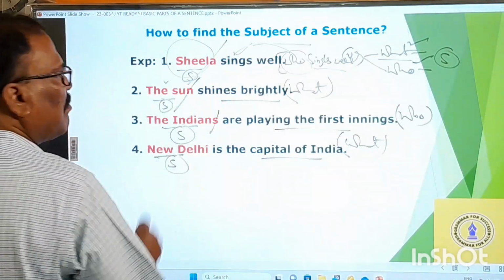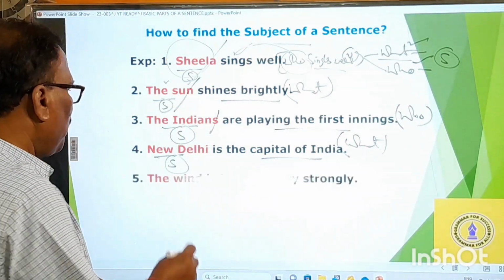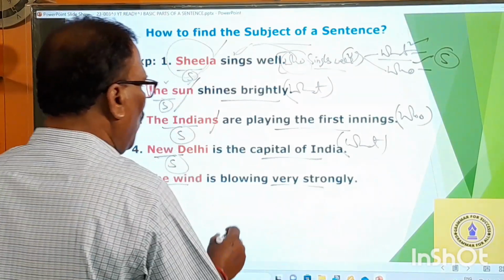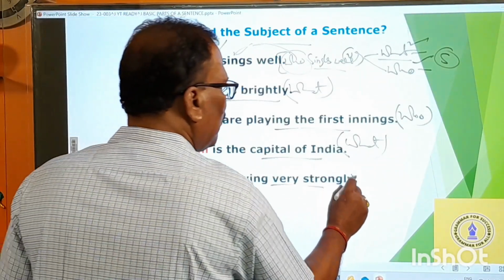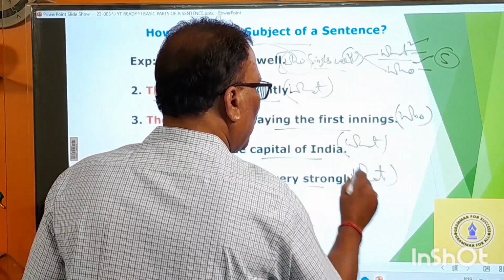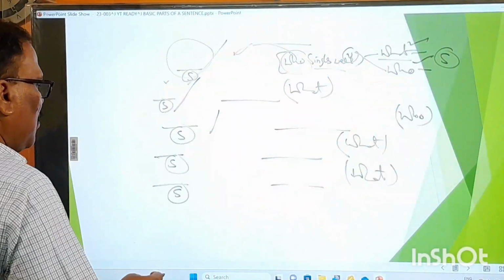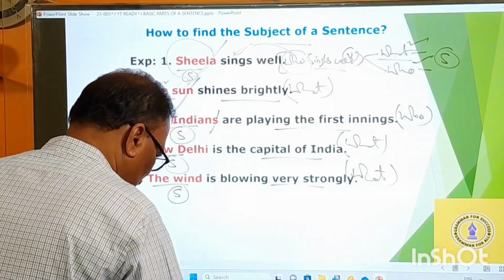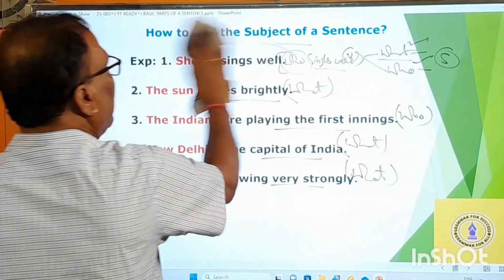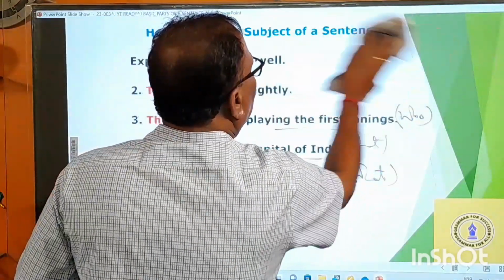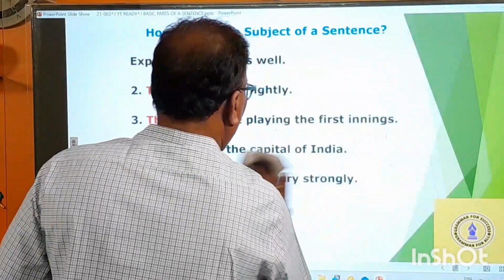New Delhi. Okay. And then comes, the wind is blowing very strongly. What is blowing strongly? The wind. Like that. So, dear learners of English grammar, this is how to find the subject in sentences, right?